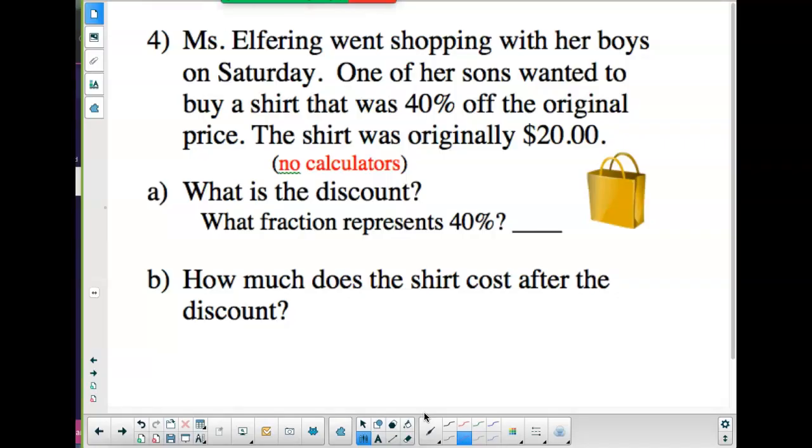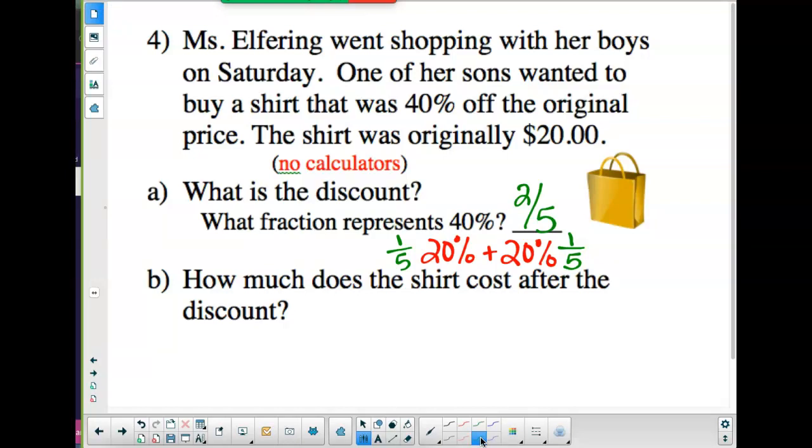Zachary? 2/5. Yeah. Because 40% is really 20% plus 20%. Does everybody agree with that? And if 20% was 1/5, 1/5 and 1/5 is 2/5.